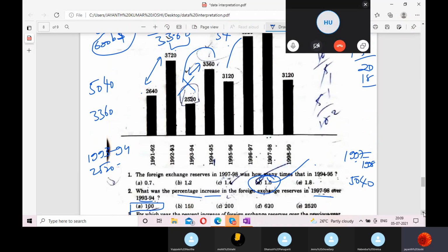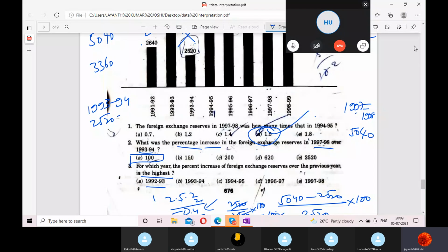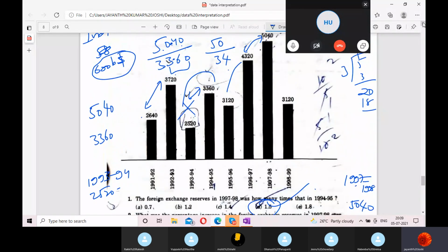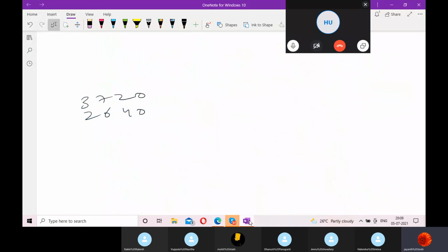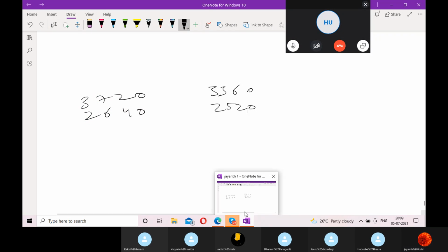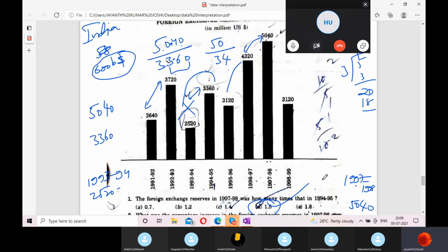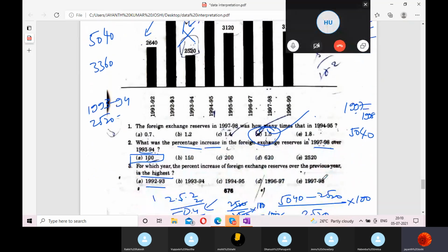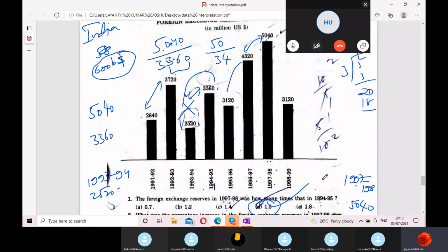The percent increase was, and 93-94 I told you to cancel. 94-95, 3360 and 2520. You should compare this. And then which year? 96-97.